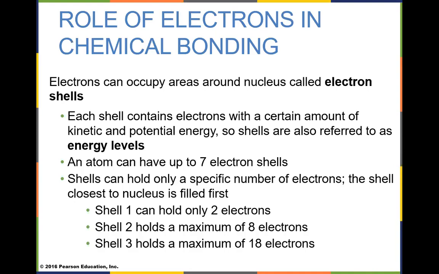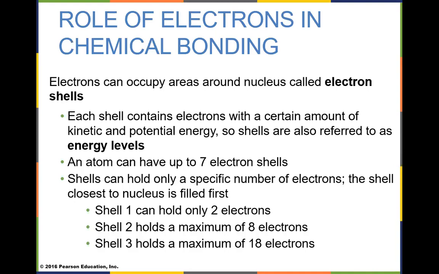Well, the first shell of any atom can only hold 2 electrons. Got to remember that. The second shell can hold no more than 8 electrons. And the third shell, which is as far as we have to be concerned with, and then only for a couple of atoms, is up to 18.